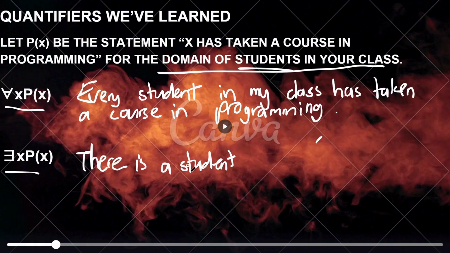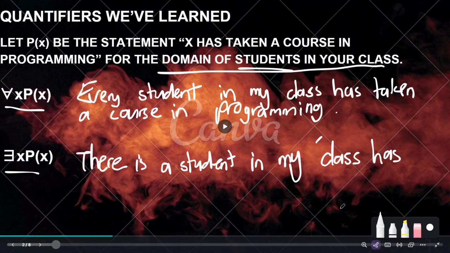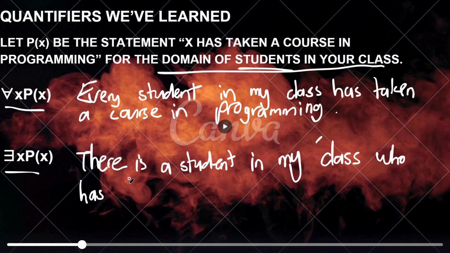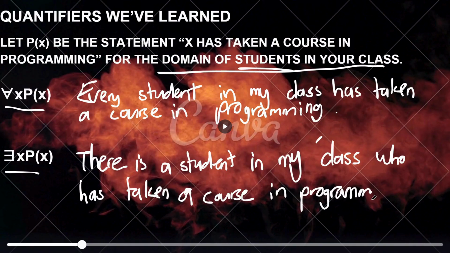Let's see the existential one: there is a student in my class who has taken a course in programming. So for the universal, it is every student or all students, and for the existential, there is a student or some student.